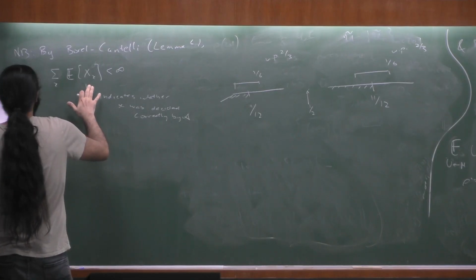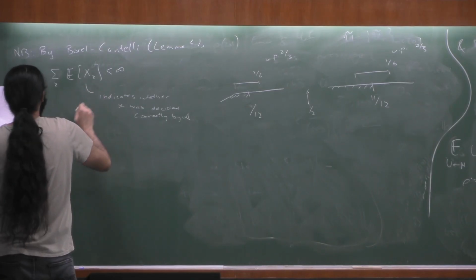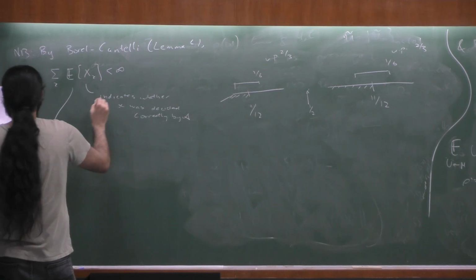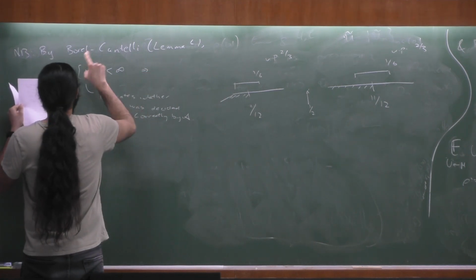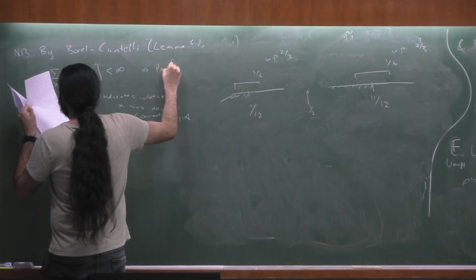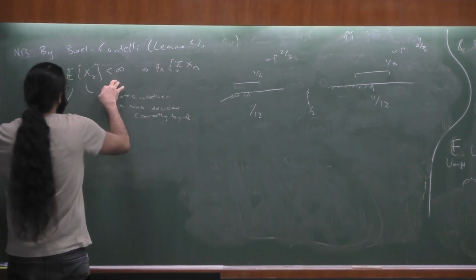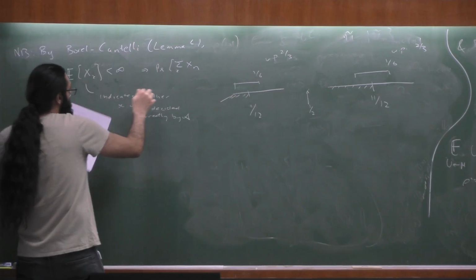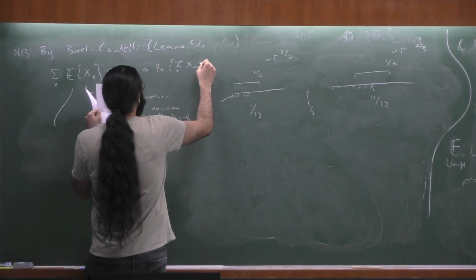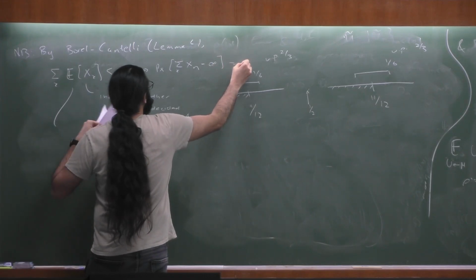So this expectation is strictly less than infinity. I'll prove this in just a sec. The lemma basically says that if on average this quantity is strictly less than infinity, then the probability that infinitely many of these things happen is 0.